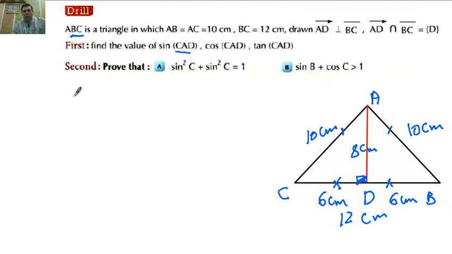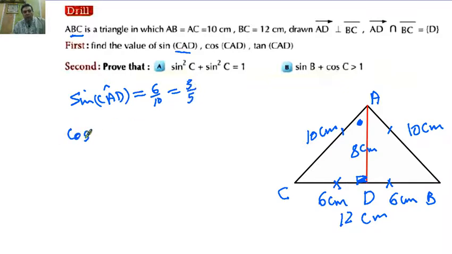To find sine CAD, angle CAD: sine is opposite over hypotenuse equals 6 over 10 equals 3 over 5.